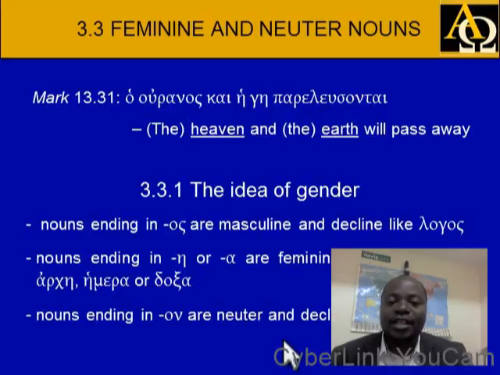So nouns ending in omicron sigma are masculine and they decline like logos, whereas nouns that end in eta and alpha are feminine and they decline like arche, hemera, and doxa. And then the nouns that end in omicron nu are neuter and they decline like ergon, and you'll see the chart that's following.